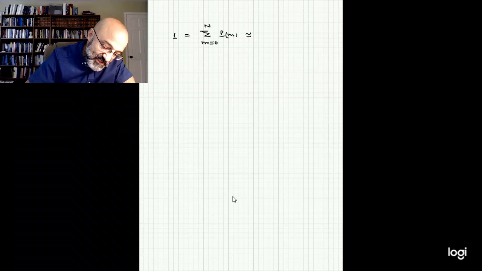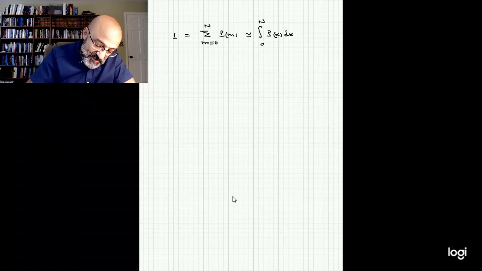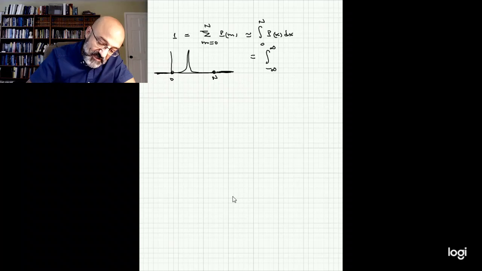So we're going to write that as an integral from 0 to n of p(x) dx. And because the probability distribution goes up and down, whether we stop at 0 and go all the way to n, clearly there is nothing out there, so we're going to write this basically as minus infinity to plus infinity p(x) dx.